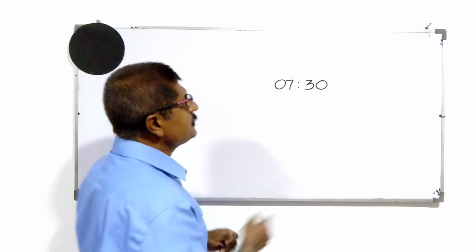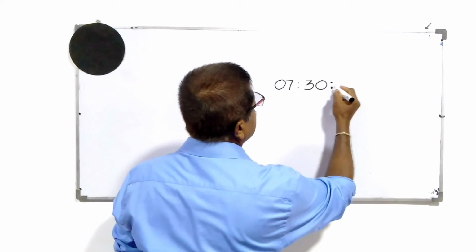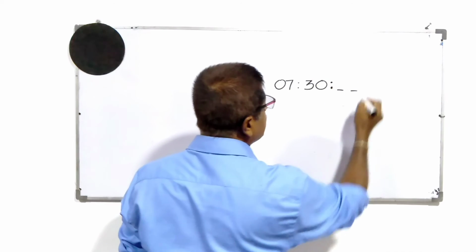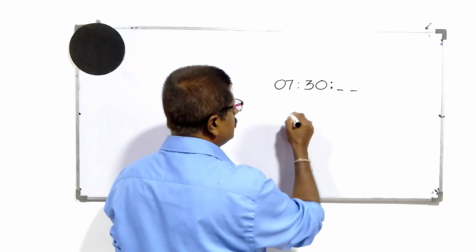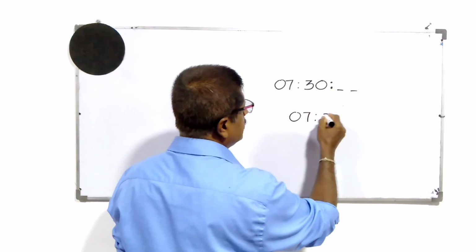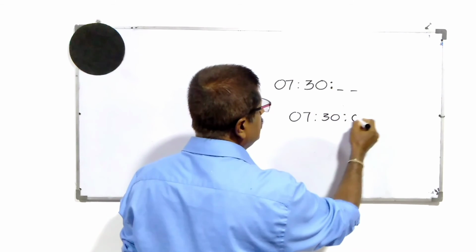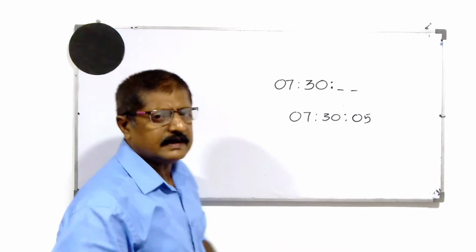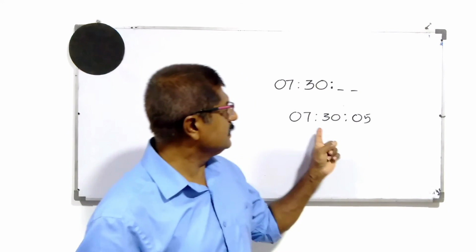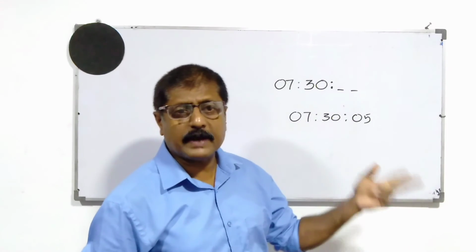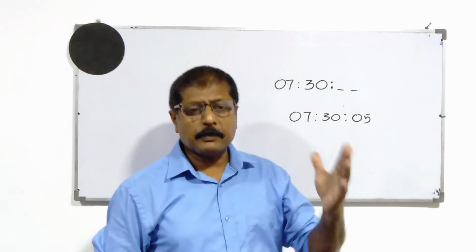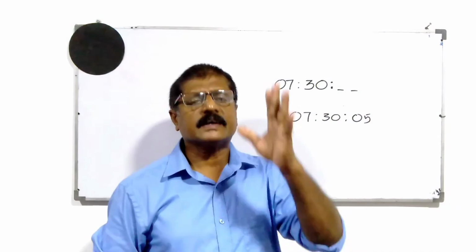If you want to mention, put another 2 dots and write the number of seconds in 2 digits. That means 07:30:05. That means that is 5 seconds after 7:30. The third couple of digits represent seconds.